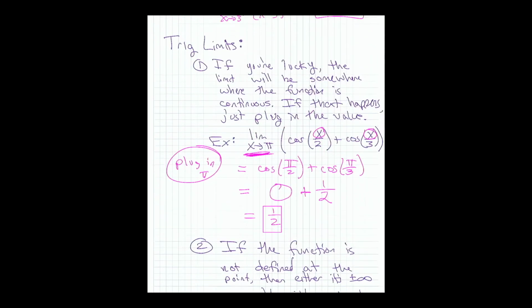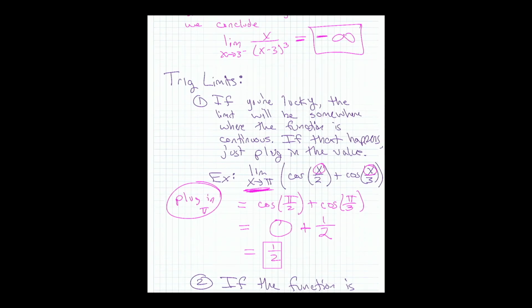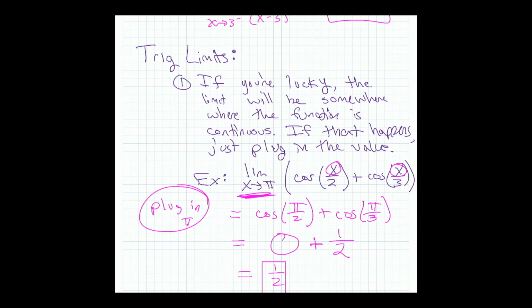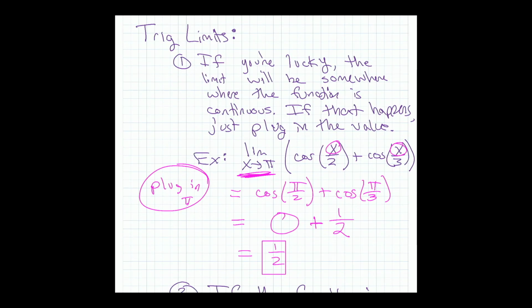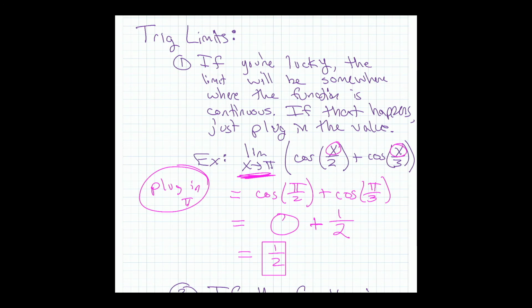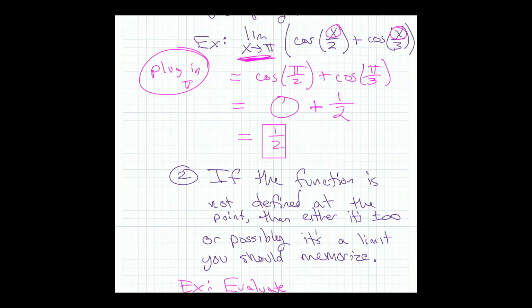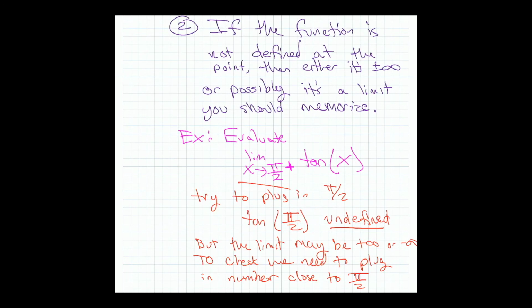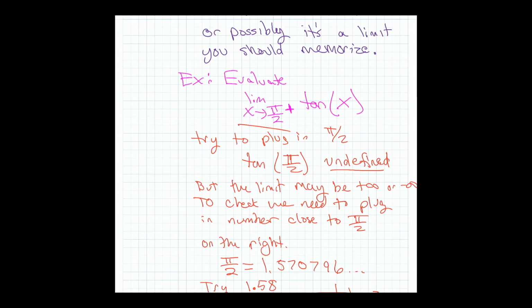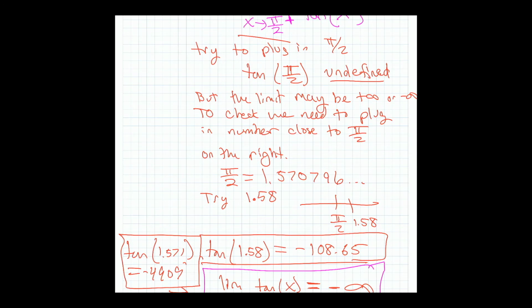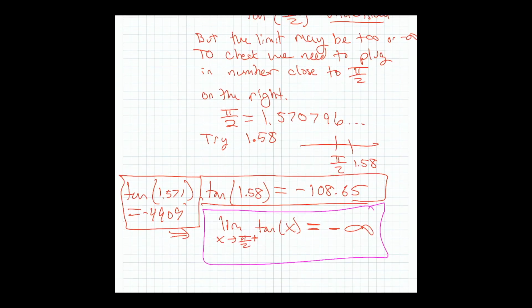If you've got a nice continuous function, sine or cosine, or any of the trig functions, if you can plug in the number and get a number, then that's fine. Just plug in the number and get a number. If you plug in a number and it's not defined, then you need to check if it's plus or minus infinity the way that we just did.